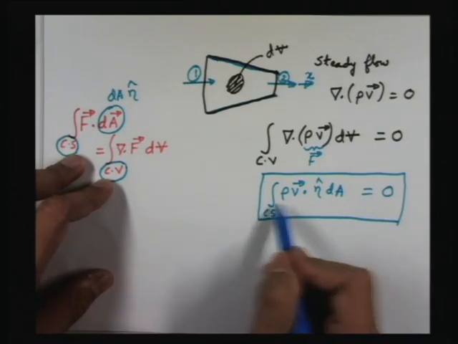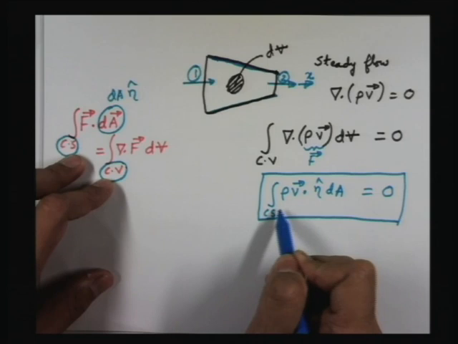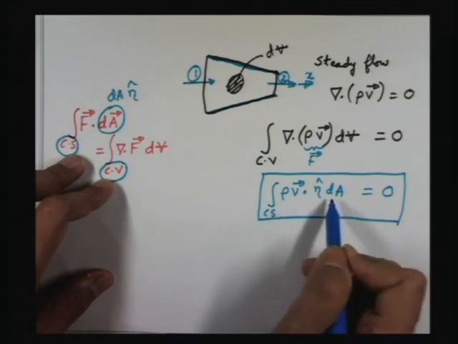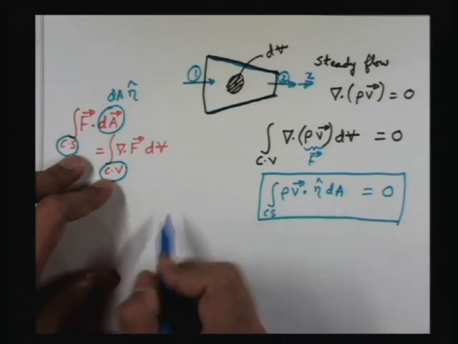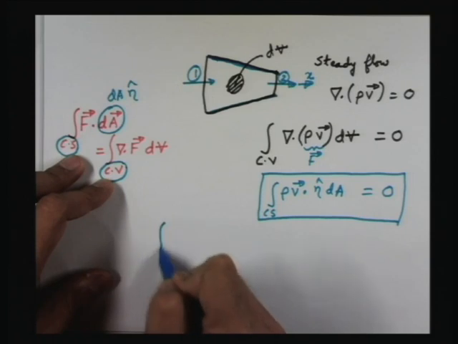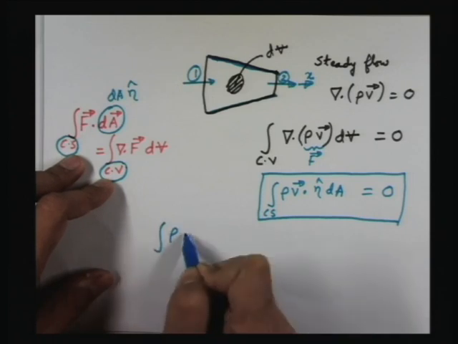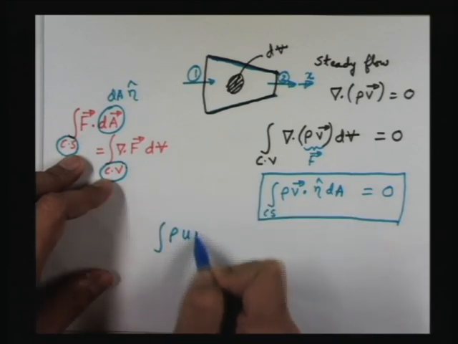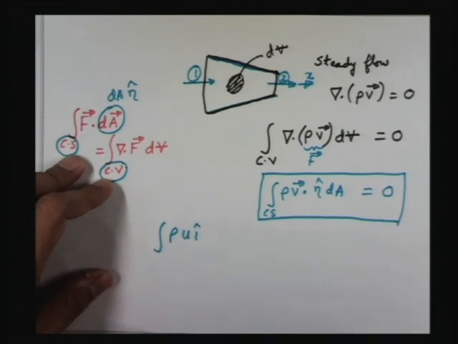So what is the integral over surface 1? Integral of rho v is rho u i, right, because the velocity is along the x direction. So v is equal to u i. What is eta?